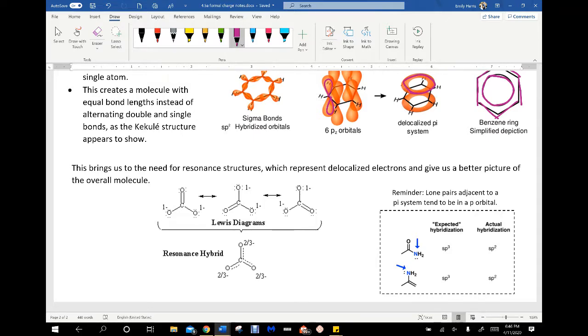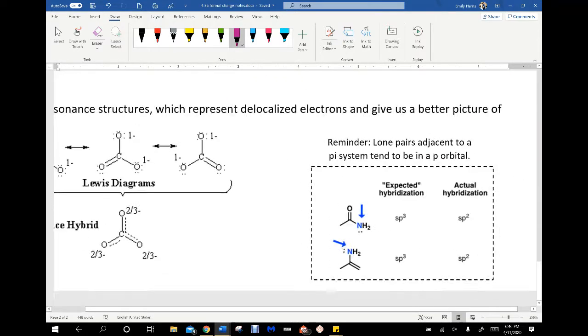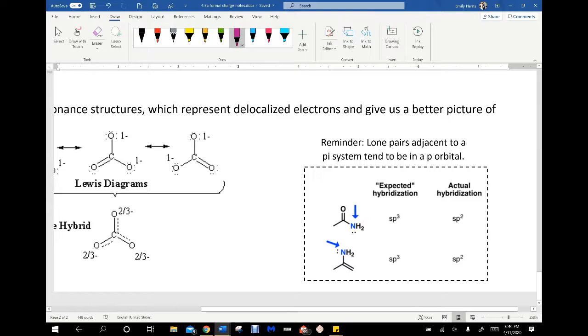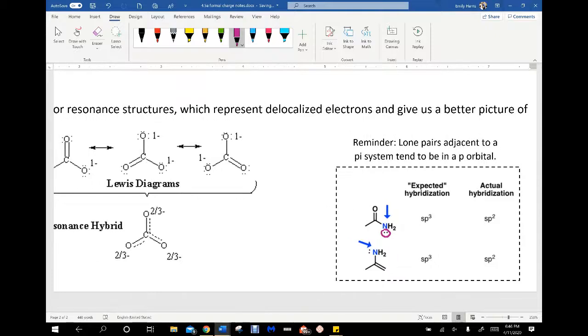And just as a reminder, you'll typically see the delocalization when you have double bonds, all right? And other times, if you have lone pairs adjacent to double bonds, they'll be able to participate in that delocalization as well. So it's just something to watch out for in the next lesson.